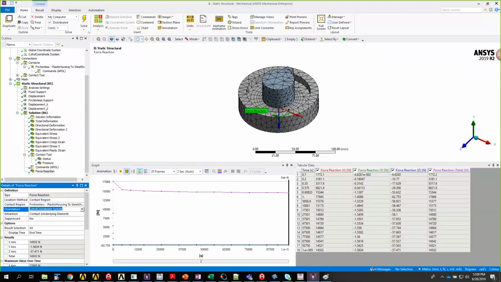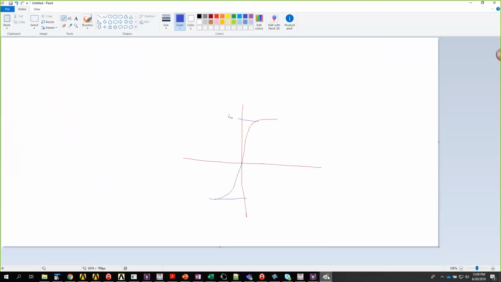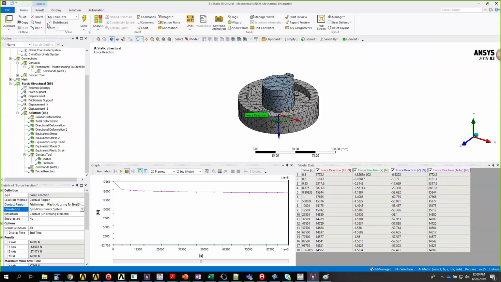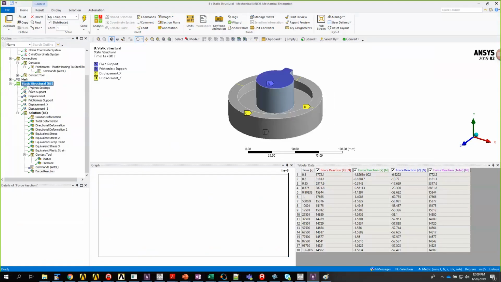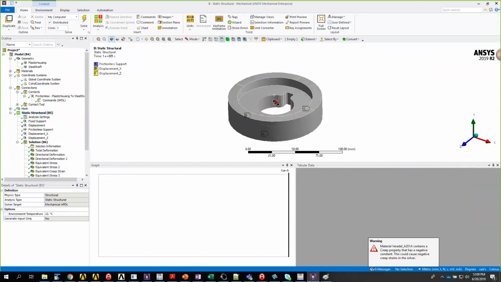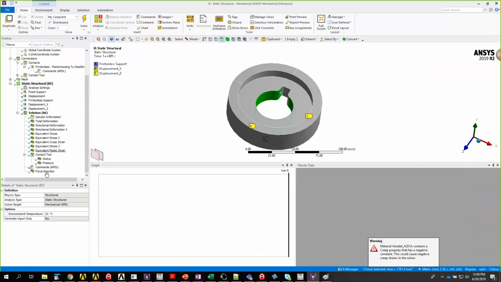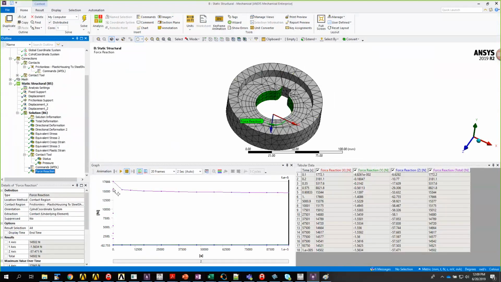Because of the interference fit, it's going to produce only the pressure, and the pressure multiplied by this whole area is going to give us the radial force. This much is the radial force.